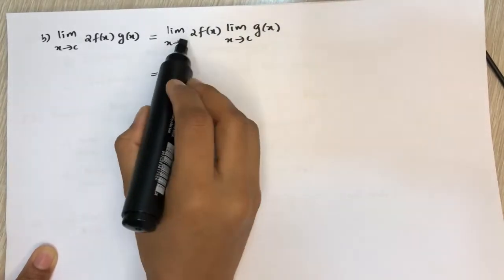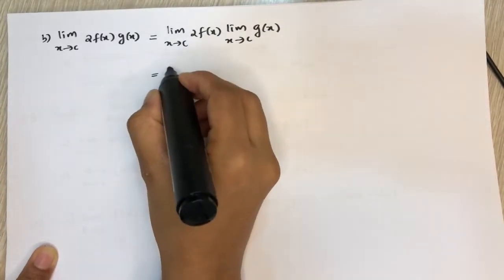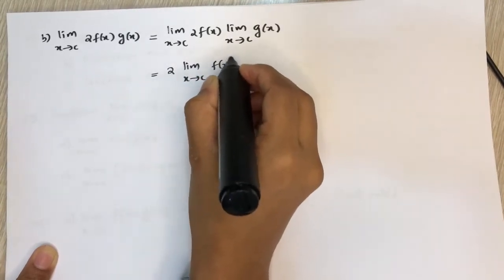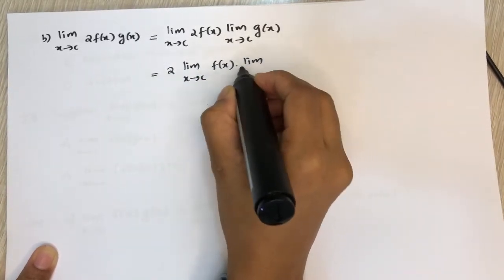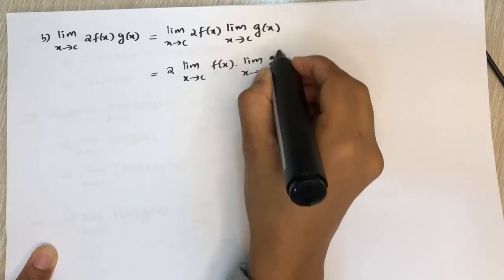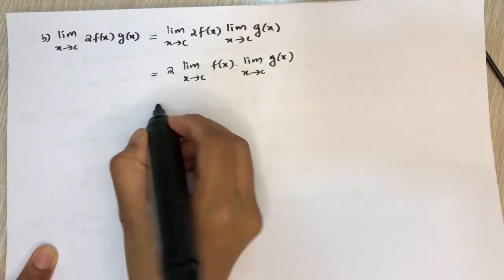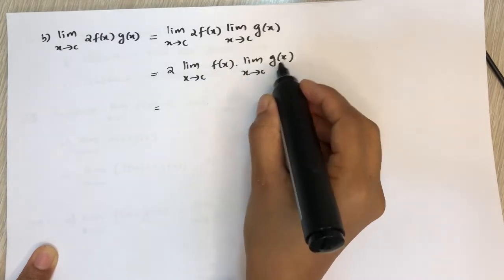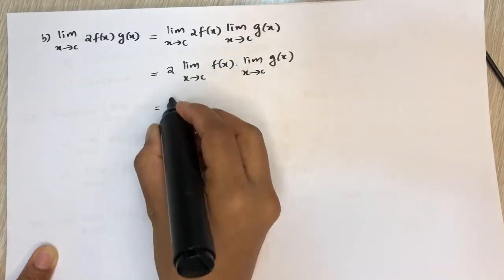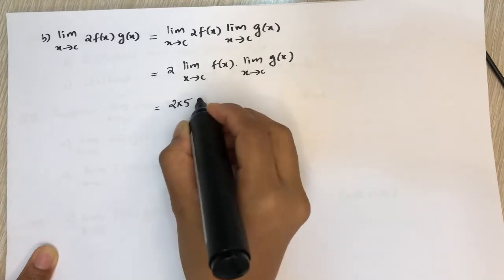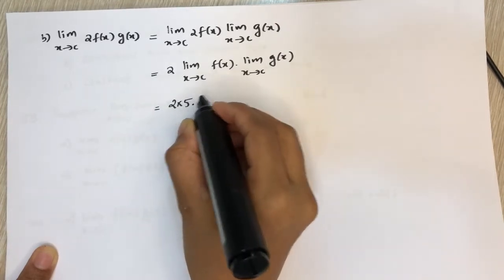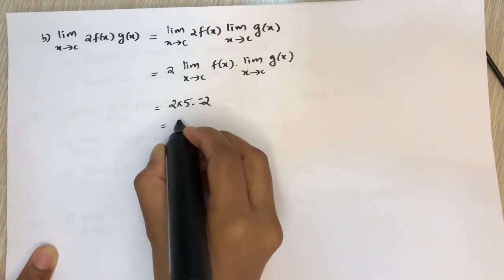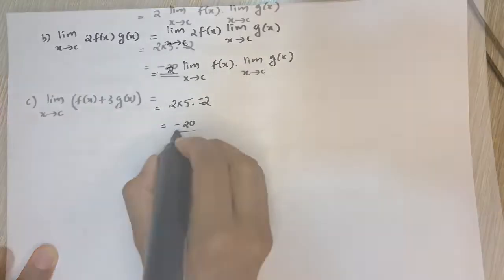Next step, apply constant multiple rule: 2 into limit x tends to c f of x into limit x tends to c g of x. Then substitute, limit x tends to c f of x is equal to 5 and limit x tends to c g of x is equal to minus 2. Therefore 2 into 5 into minus 2 is equal to minus 20.